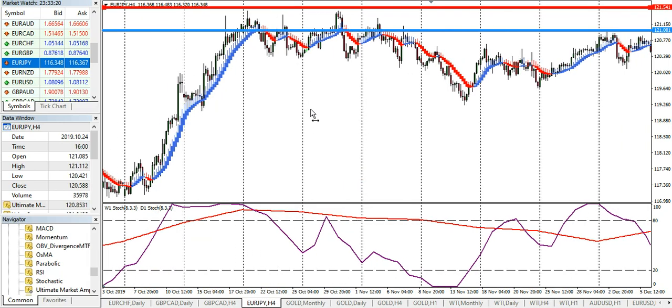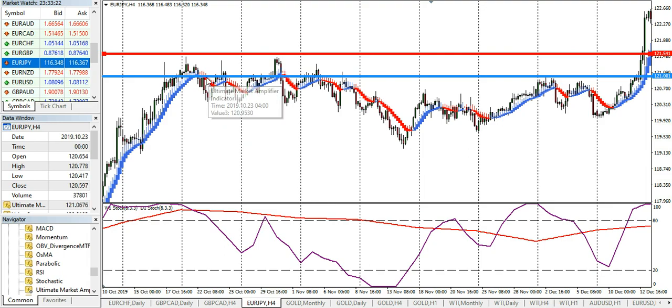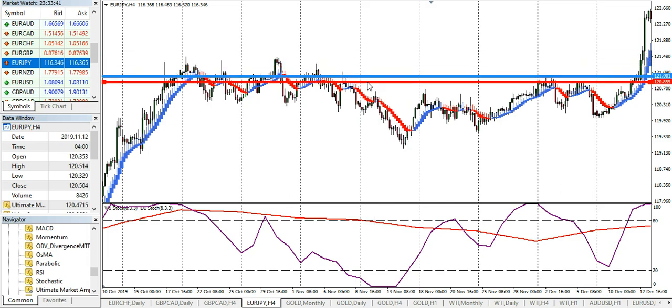Then we focus on selling, and as the market moves in your direction, going down, as you can see here, it was in consolidation a bit, but then it started going down. As the market moves in your favor, you move your stop loss into profit so that you have no risk on the trade.